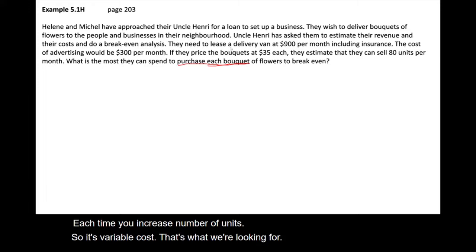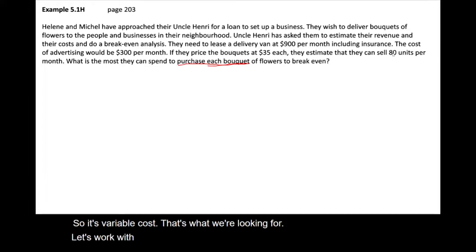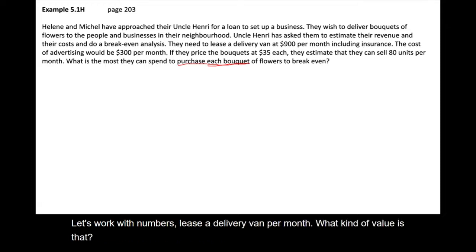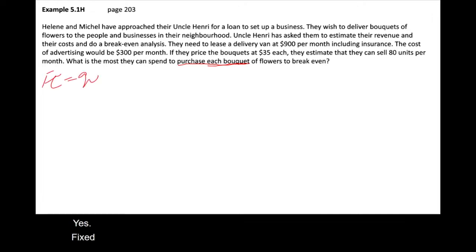Now let's work with numbers. Lease a delivery van per month. What kind of value is that? Fixed cost, 900. The cost of advertising, 300 per month. What is it?